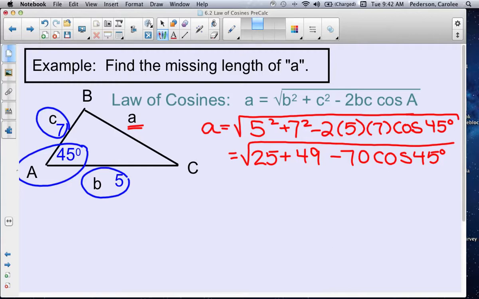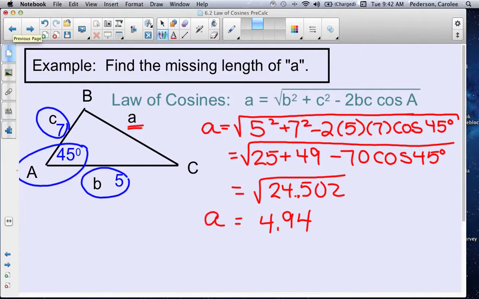So 25 plus 49 minus 70 cosine of 45, and then square root it. So there's what side length a is.